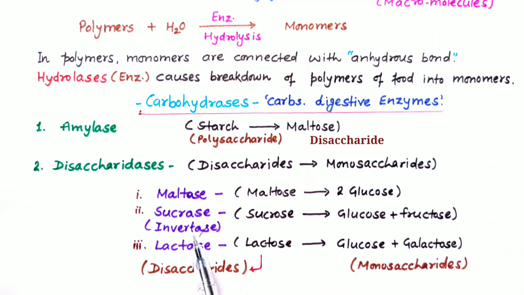Sucrase or invertase converts sucrose into glucose and fructose, while lactase converts lactose into glucose and galactose. So maltose, sucrose, and lactose are all disaccharides, while glucose, fructose, and galactose are all monosaccharides.